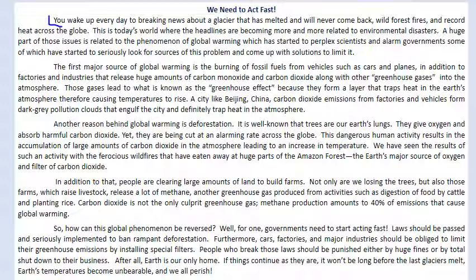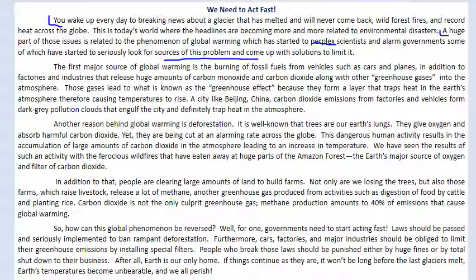And then I gave my thesis. A huge part of those issues is related to the phenomena of global warming, which has started to perplex scientists. Perplex means confused. And alarm governments, some of which have started to seriously look for solutions to this problem.